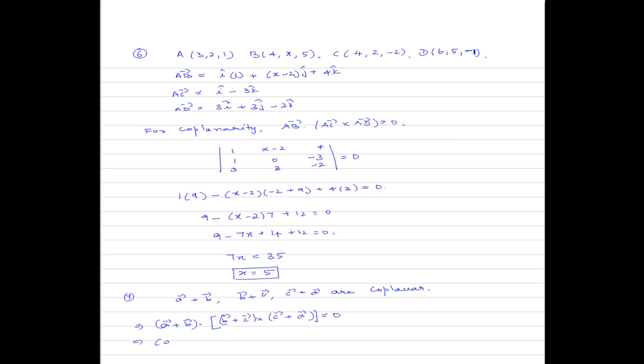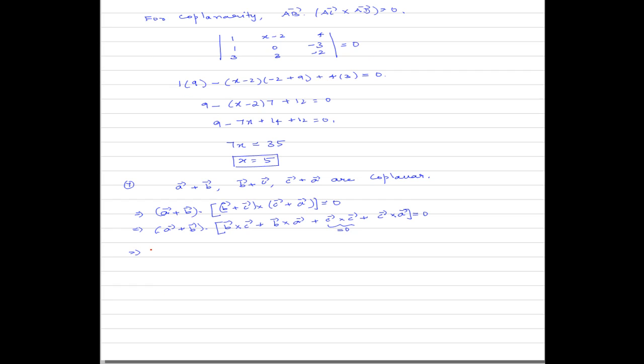Expanding, a vector plus b vector dot b vector cross c vector plus b vector cross a vector plus c vector cross c vector plus c vector cross a vector is equal to 0. We know that c vector cross c vector is equal to 0, so we can skip this.